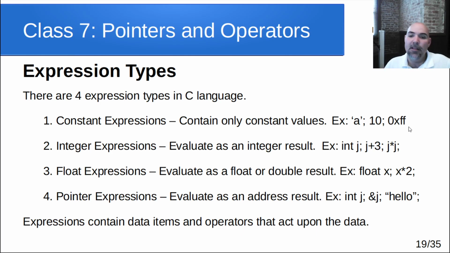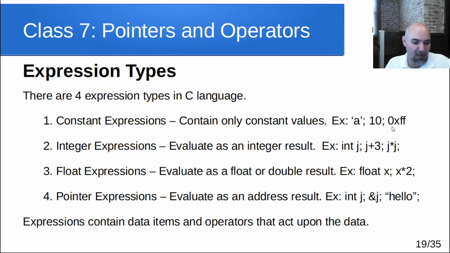It could also be things that only have constant values, like if I said 10 times 5 or 0xff plus 17, those would all have constant components, so that's a constant expression. So even if I use operators between the things, that's a constant expression.